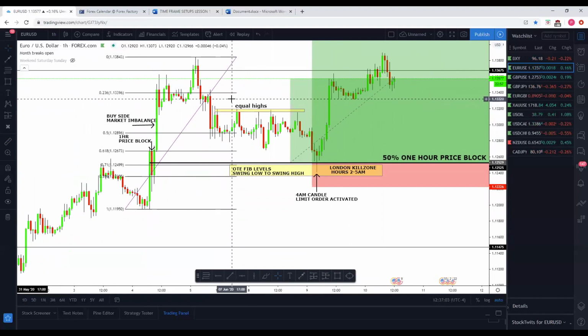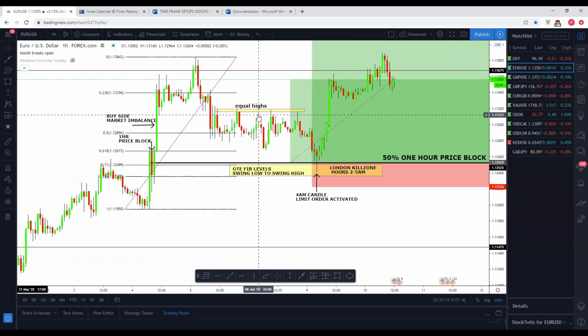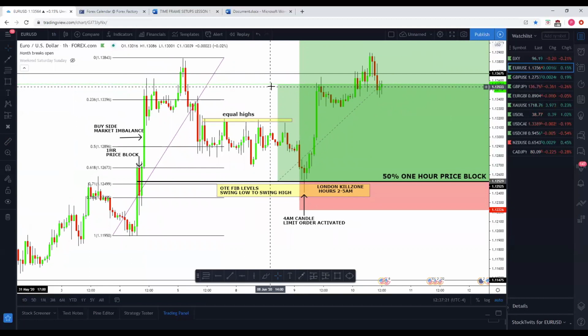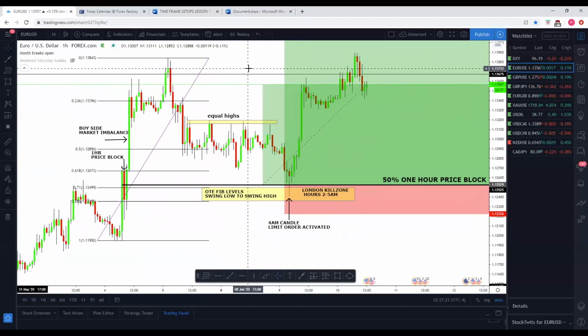When Sunday, Monday markets opened, I analyzed EU, and I had a strong idea based on the dollar that we would get a rejection into this price block to see higher prices. So that was a small breakdown on Euro USD. I'll have a few more for you guys coming soon.